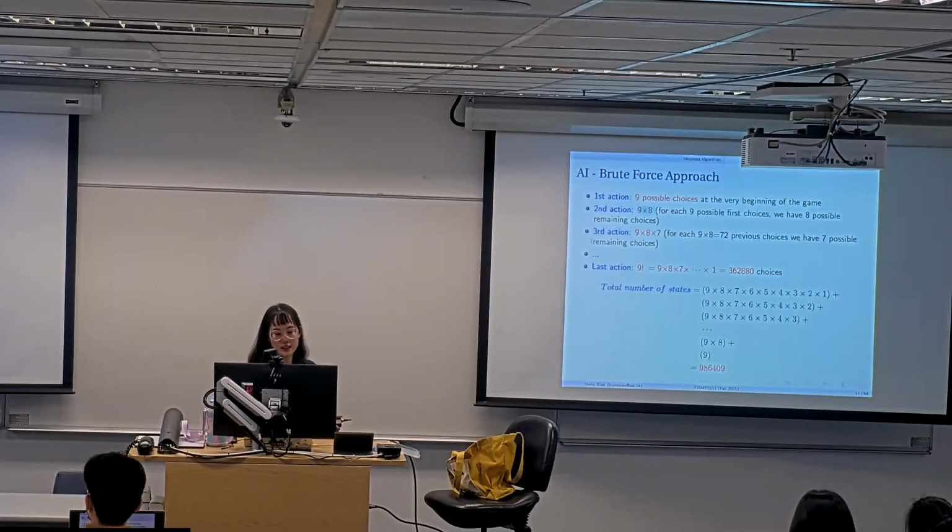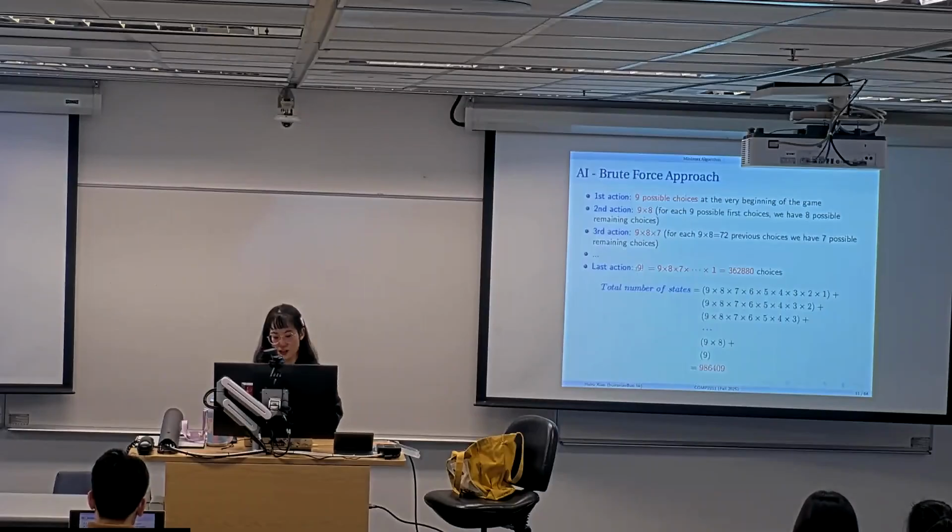Then for the third action, the third layer in this tree, there will be 9 times 8 times 7 nodes, because for each of the 72 previous choices, we have 7 possible remaining choices, and so on and so forth, until we consider the deepest level, the last action, where we will have 9 factorial choices.